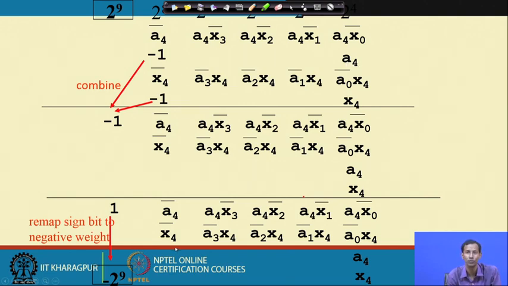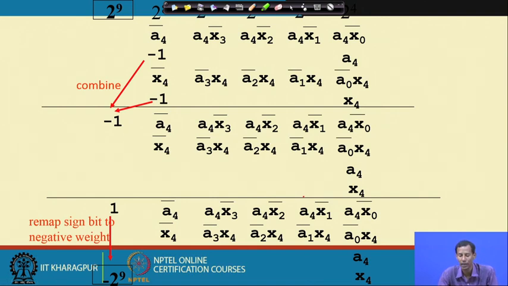And for the minus x4, where x4 is common and the A value is changing, whatever I get is minus x4, A3 bar x4, A2 bar x4, A1 bar x4, A0 bar x4 along with x4 at this position and minus 1 at this position.